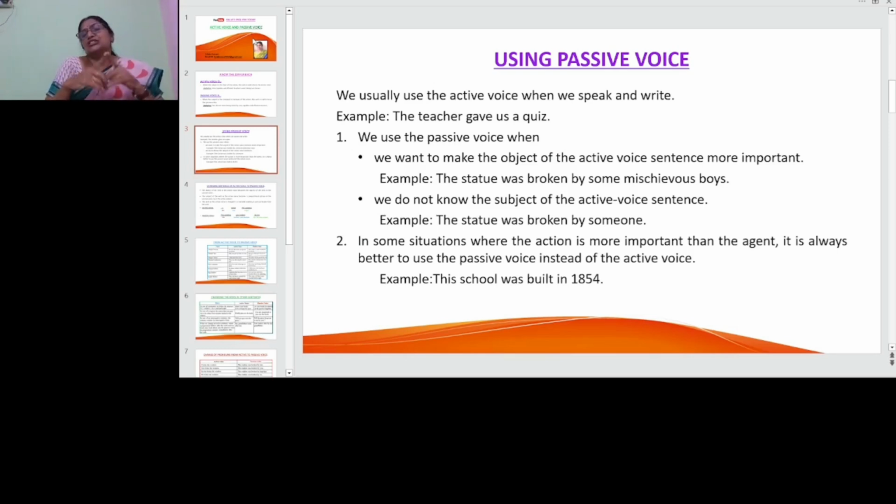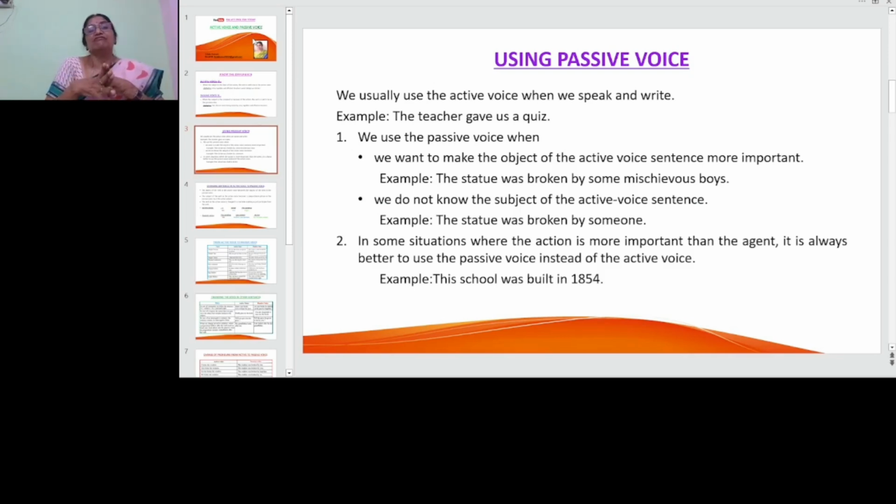In some situations where the action is more important than the agent, it is always better to use the passive voice instead of the active voice. For example, the school was built in 1854. So, the passive voice we are using because the action is more important and we are not giving importance to the subject who has done this action.